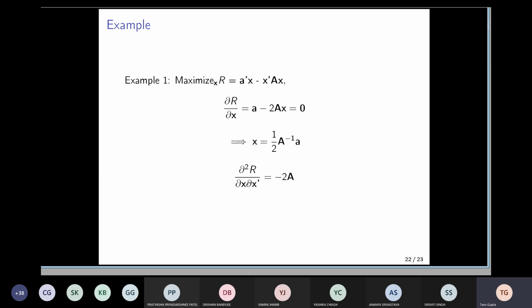Okay. So del square r by del x prime is nothing but minus 2. Okay. So far, so good. I hope this is clear.